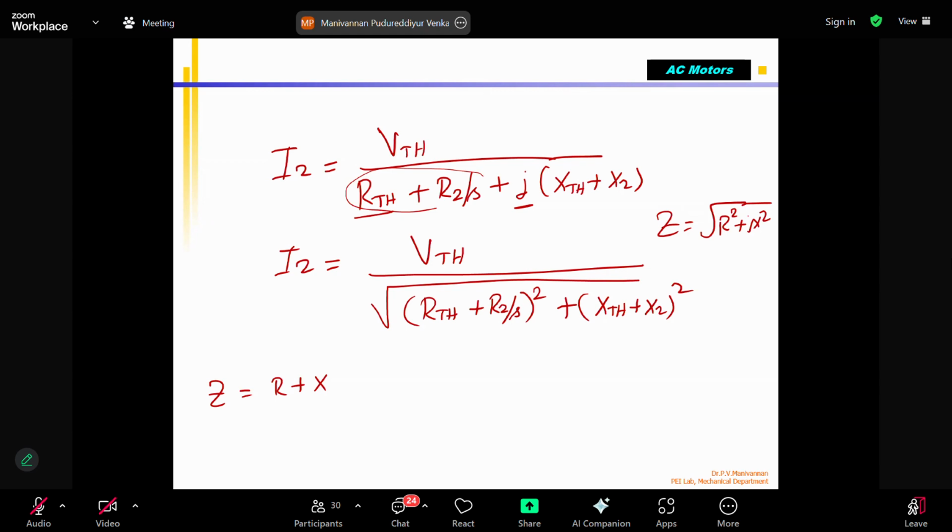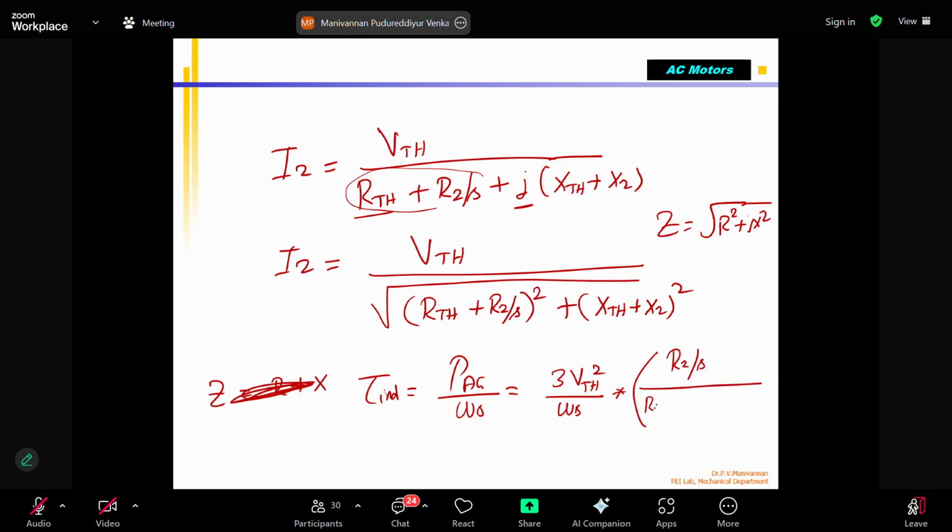Okay. So now that we know I2, we can say that tau induced equals PAG divided by omega S, which equals 3 into V Thevenin squared divided by omega S, into R2 divided by S, whole thing divided by R Thevenin plus R2 divided by S, whole square, plus X Thevenin plus X2, whole square, to find out the T induced.